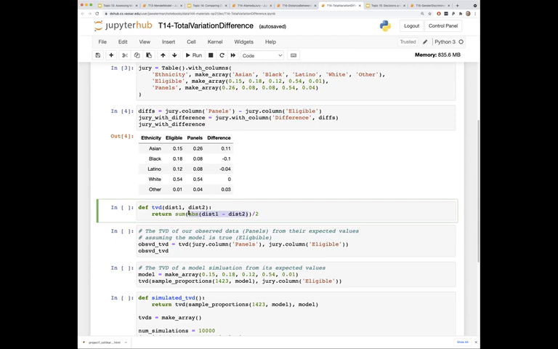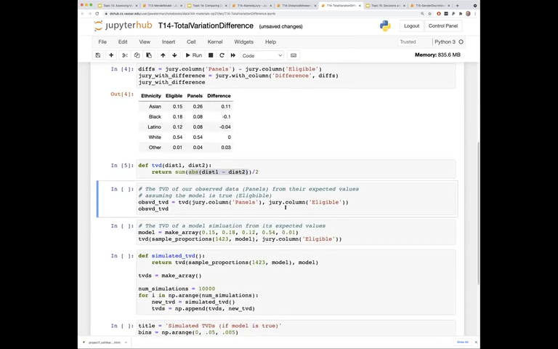And we're going to take the sum of that, and then to get rid of the offset of the fact that we have the same number of positive and negative differences, we'll divide by 2.